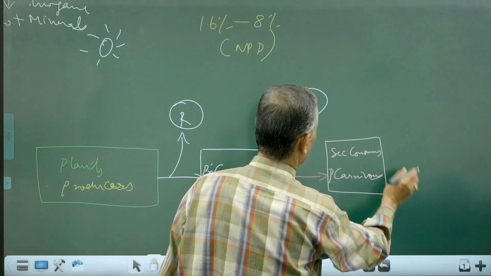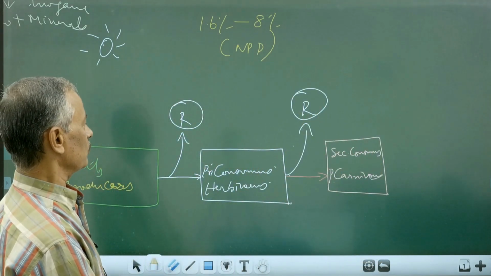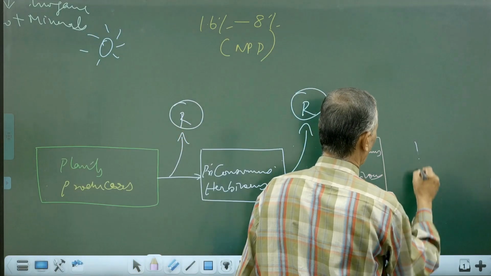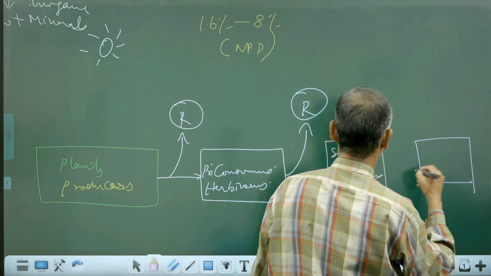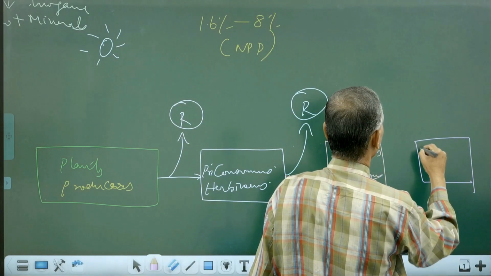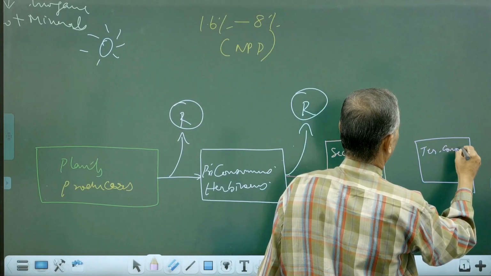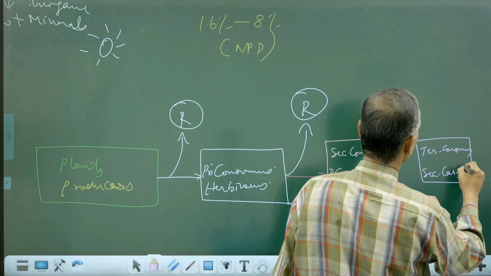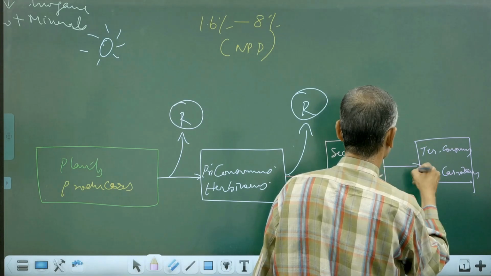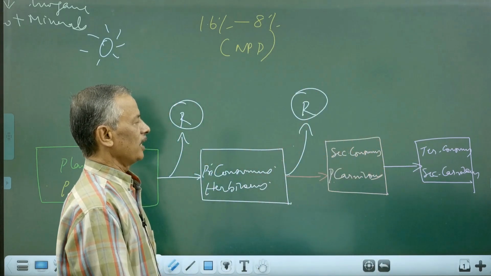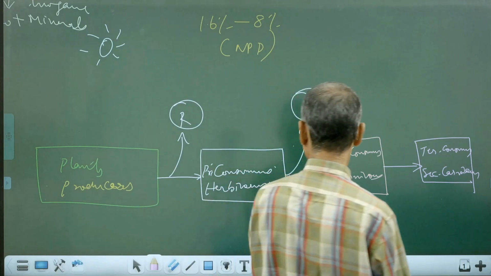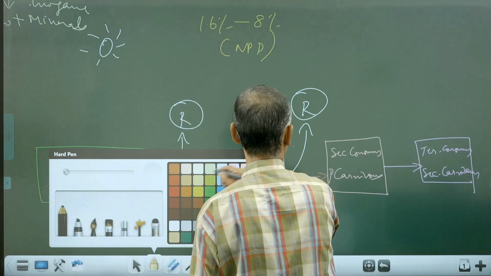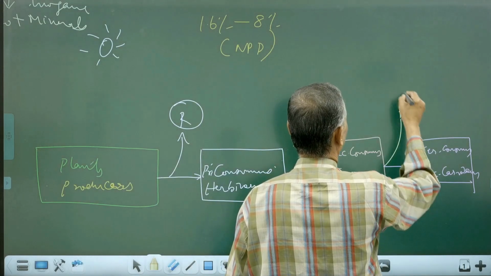What is left alone will be given to the secondary consumers. And then the top carnivore comes, which is called the tertiary consumer. The tertiary consumer is a secondary carnivore. Energy reaches them, and again there is loss of some amount of energy in the form of respiration.